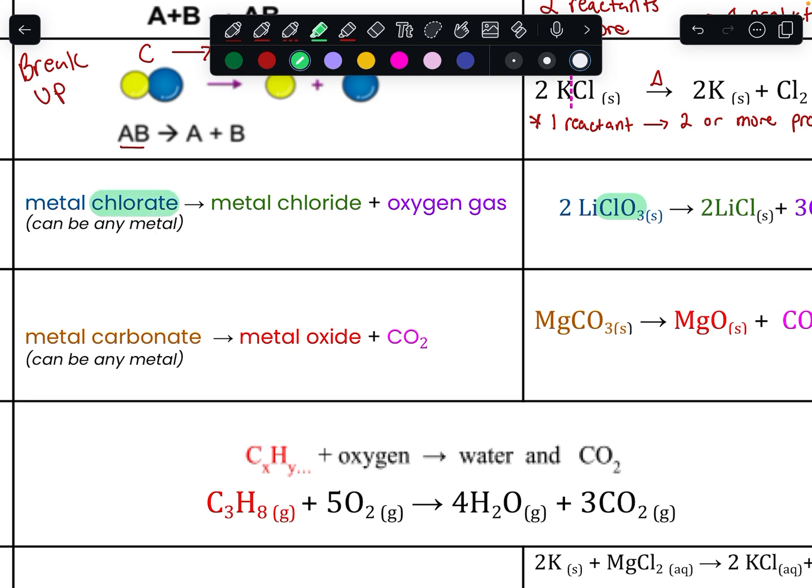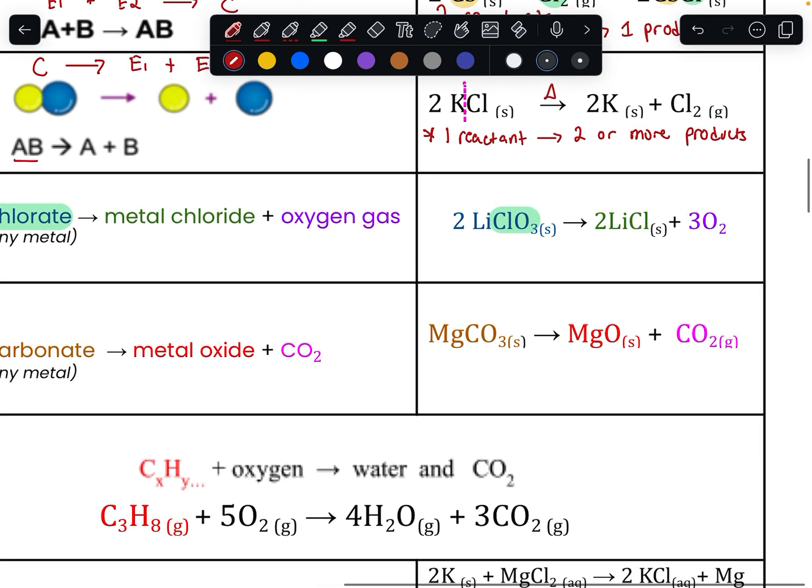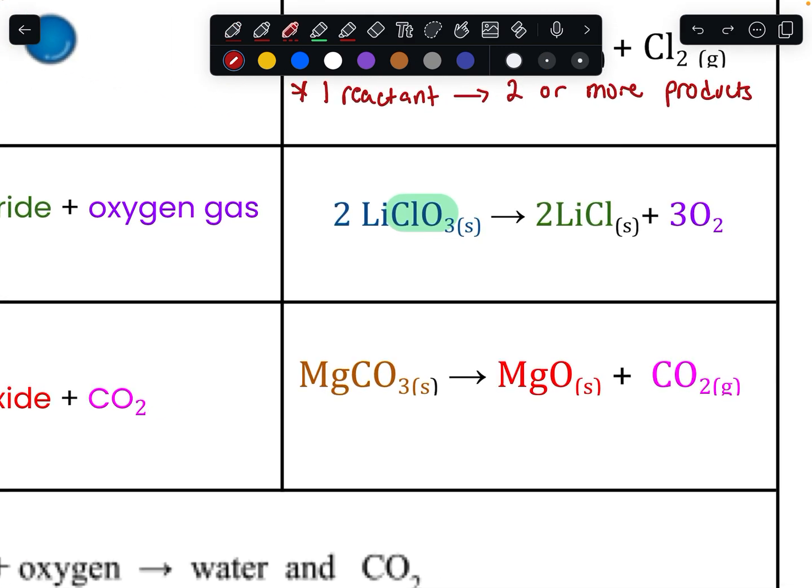And what we're going to do is take that metal chlorate and split it apart into something that we call a metal chloride. So a metal chloride is basically an ionic salt. It's any metal plus chlorine attached to it to make a balanced ionic formula. And then we're also going to create oxygen gas. So where this break occurs, and it's easier for students to spot this one, that's why I start with this, is it really occurs between the chlorine and the oxygen here.